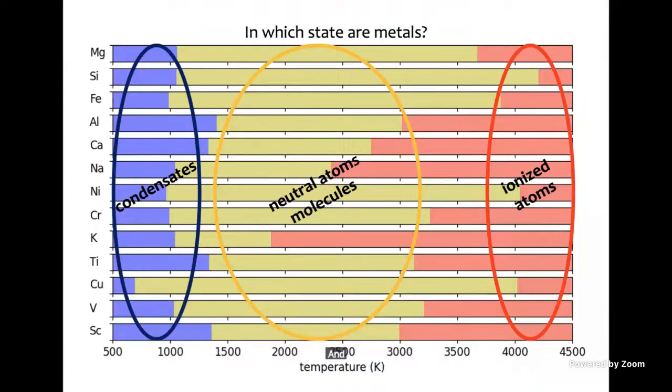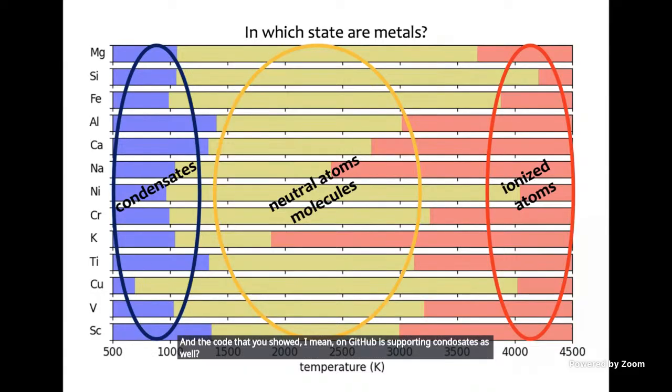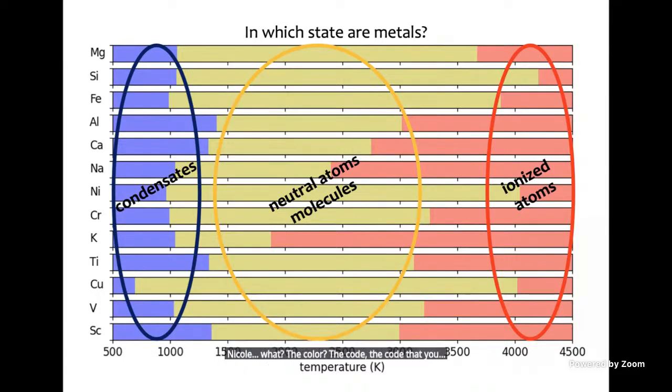And the code that you linked on GitHub is supporting condensates as well? Condensates are taken into account in these chemical equilibrium calculations, but not yet in the disequilibrium ones.